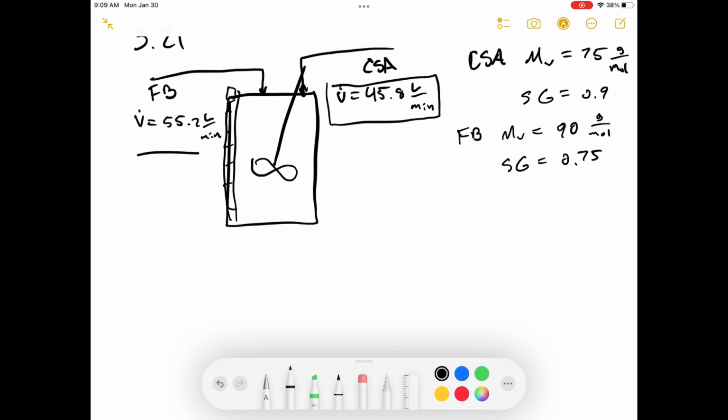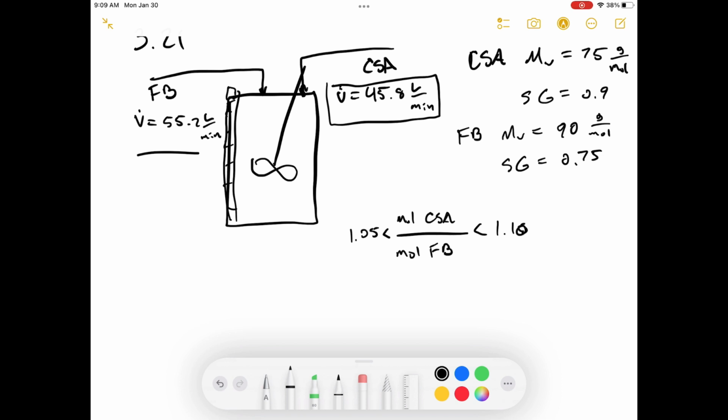Okay, so the criteria that we have to meet is that the moles of CSA over moles of FB has to be between these ratios.